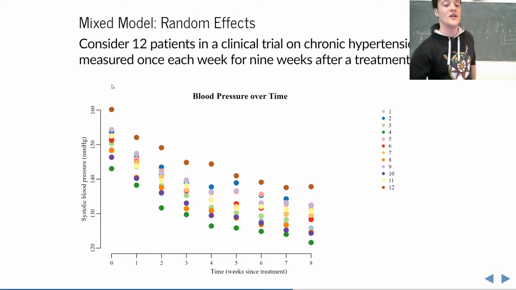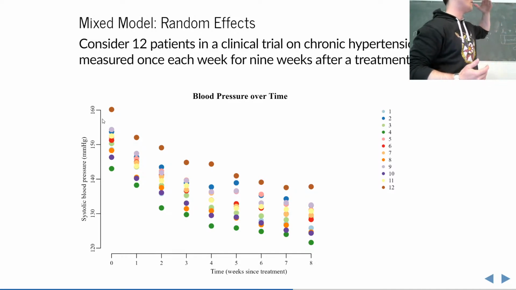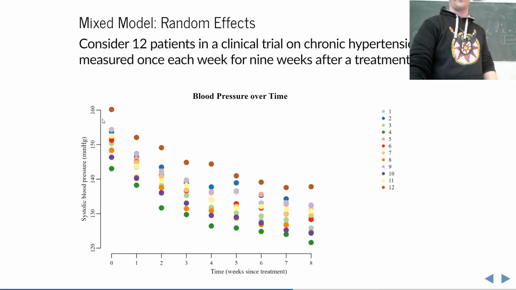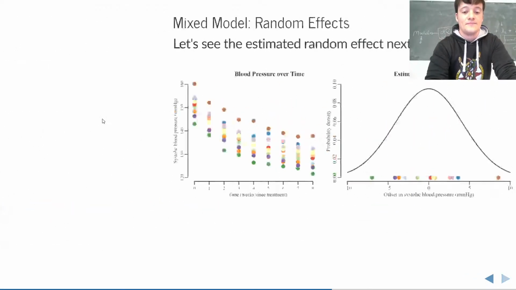Because this mixed model doesn't only look at this. It looks at the entire range. And then it estimates, okay, across the whole range, how much does the brown patient differ from the blue patient, differ from the lilac one, differ from the yellow one, etc. And that is much more efficient. Okay, so that's what the random effect looks like.